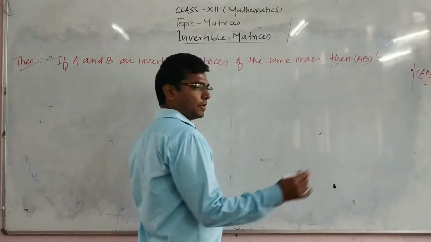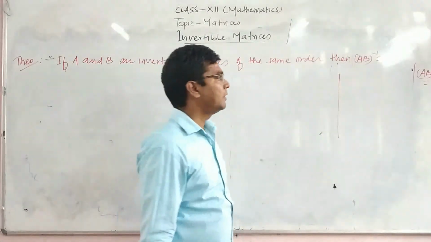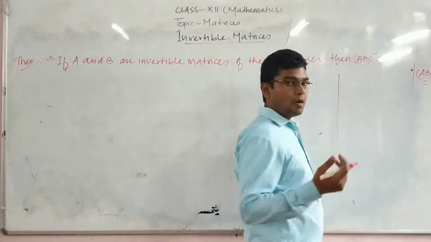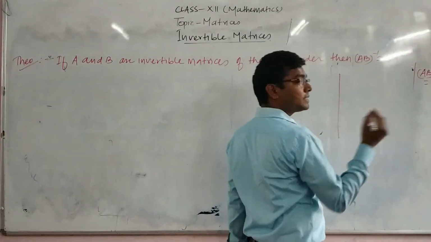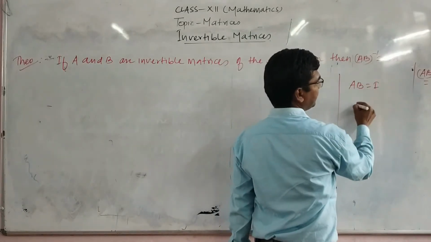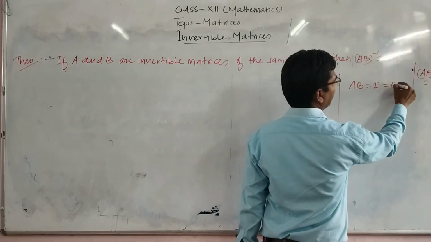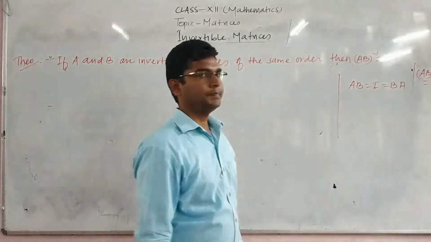Okay. Now we know that a matrix A has an inverse B, or you can say is invertible, only when AB is equal to I or BA is equal to I, right?